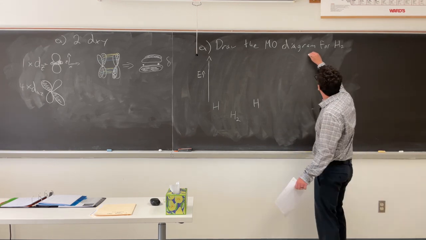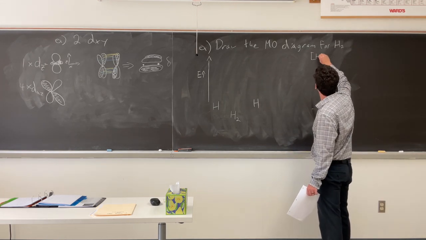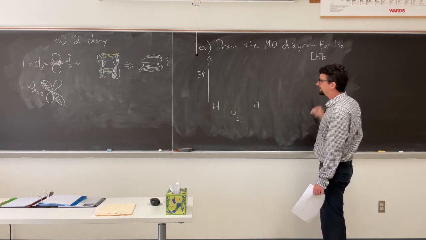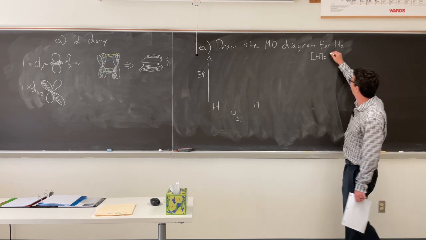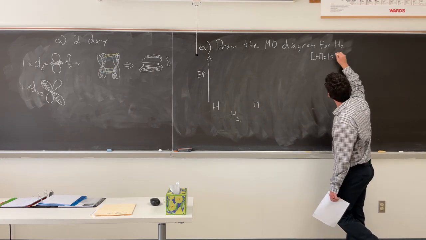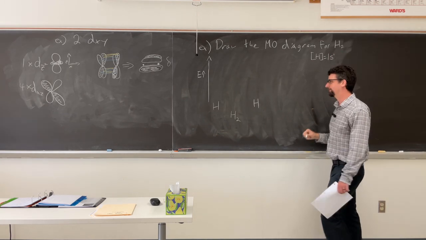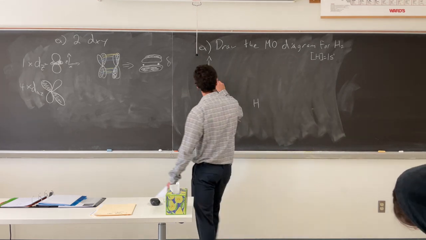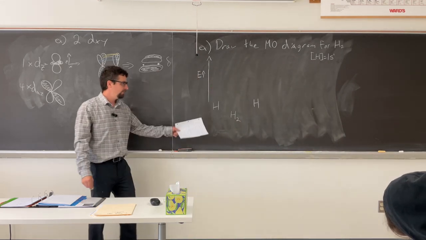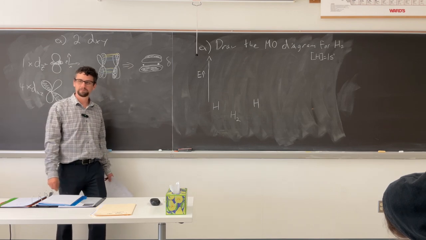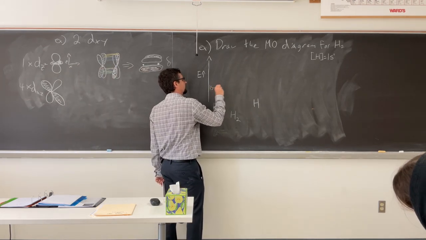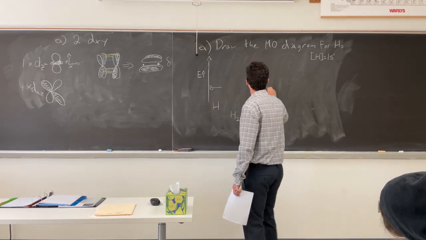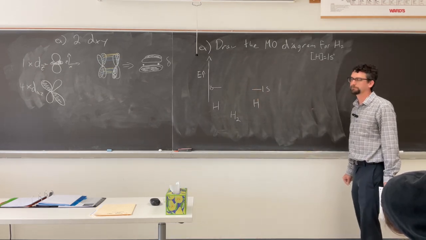Okay, now what I want you guys to do, what is the electron configuration of a hydrogen atom? 1s1. Okay, gave that away. How many atomic orbitals do we need to draw? Yep, 1 for each. I usually write the symbols like that.